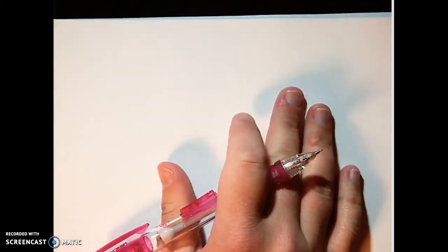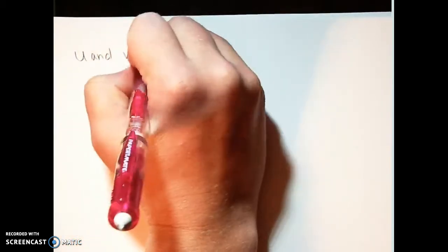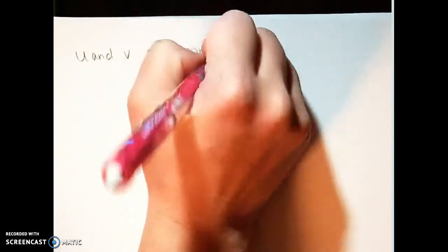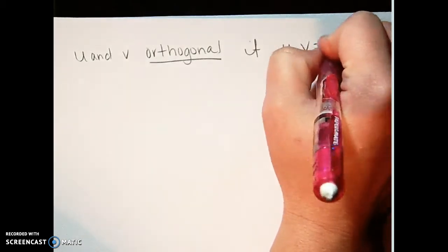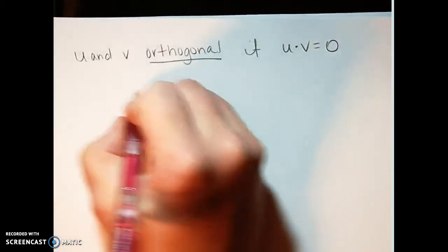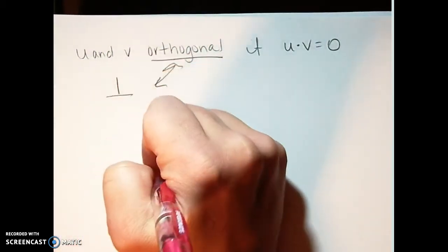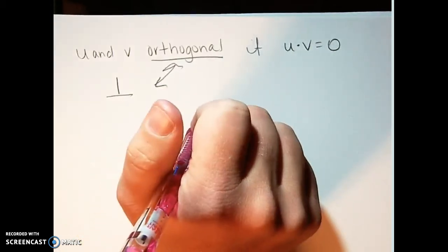The last thing is that vectors u and v are called orthogonal if u times v is 0. Meaning, if their dot product is 0, they are perpendicular. Orthogonal means perpendicular.